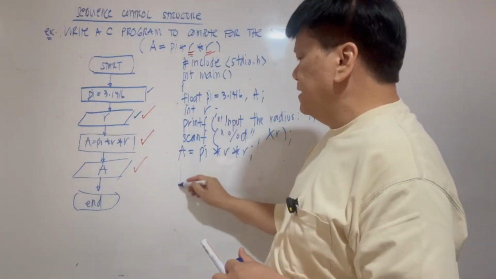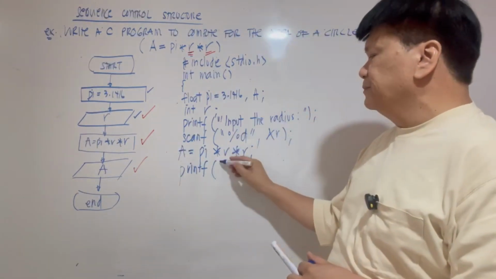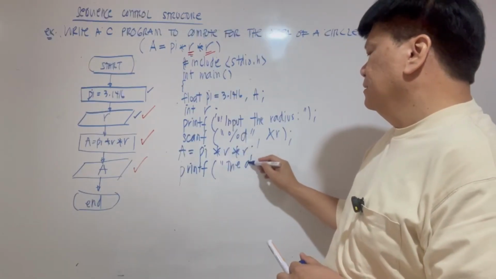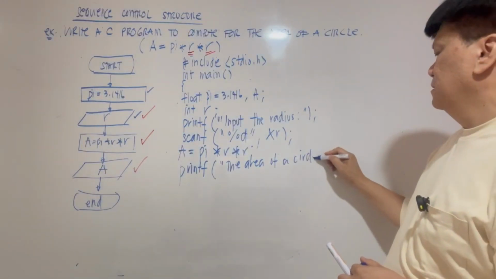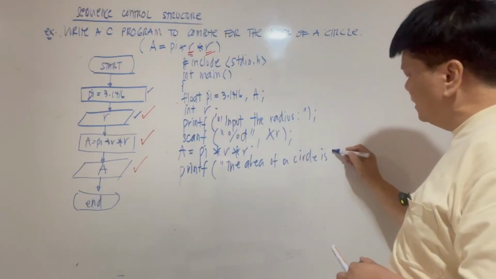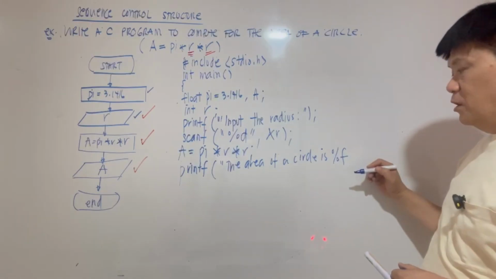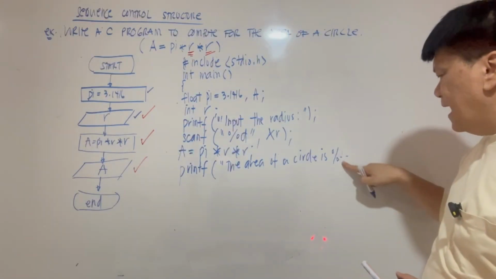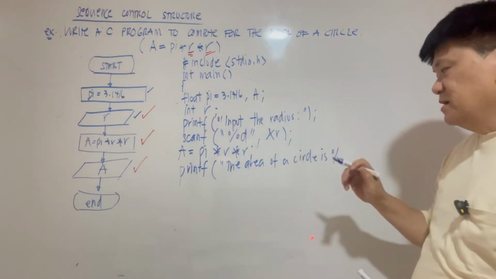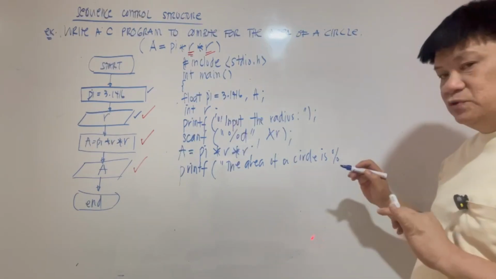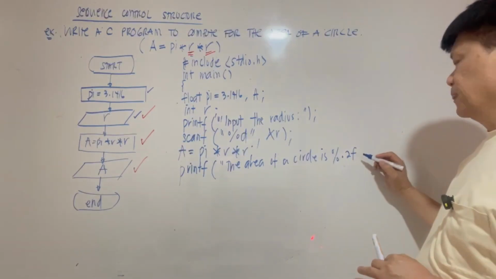So we do that by writing printf, "The area of a circle is", then we put here the specifier for your area, which is %f. By the way, we can actually choose how many decimal places you would like to be displayed on the screen. If, for example, you would like to have 2 decimal places, you can just put here %.2f for the float.